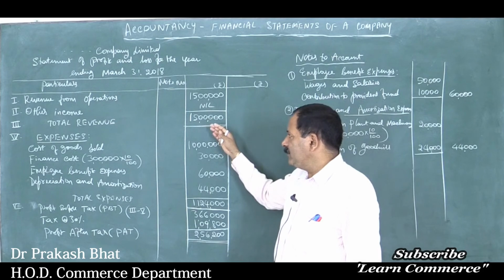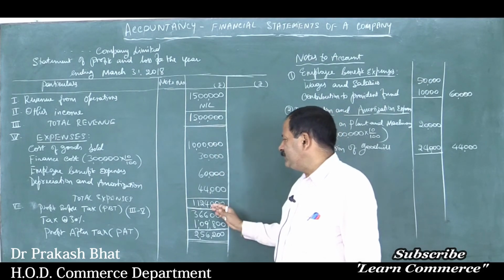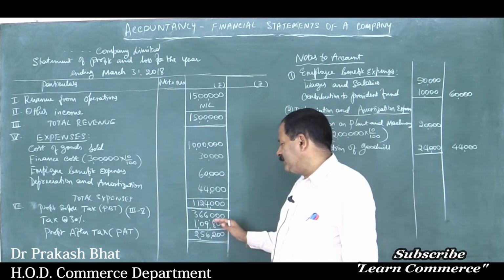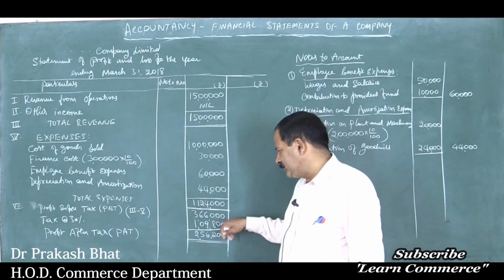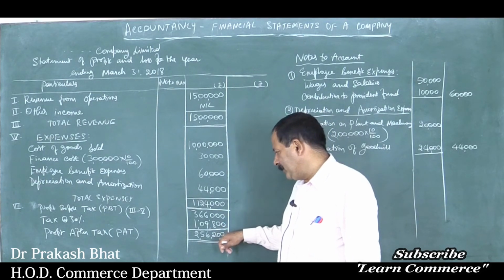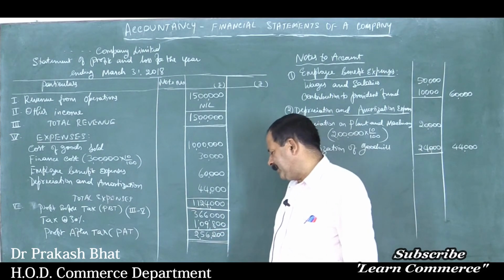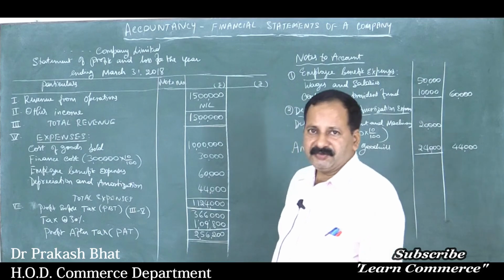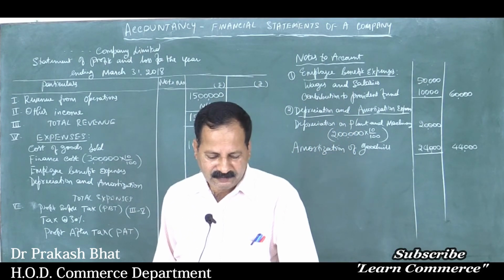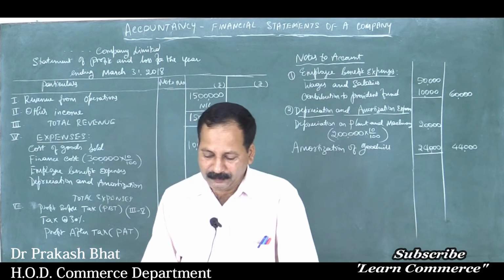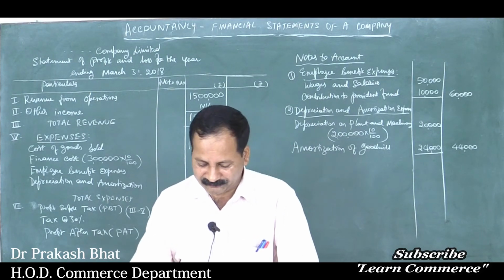We got 15 lakh revenue, total expenses we calculated are 11,24,000, the difference is 3,66,000. This is profit before tax. Charge 30% on that, we get 1,09,800. Deduct it and I get 2,56,200. It's a very simple problem, right? Now let us move on to problem number 7.